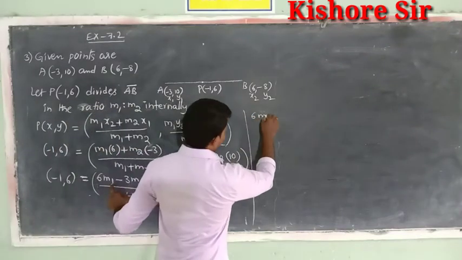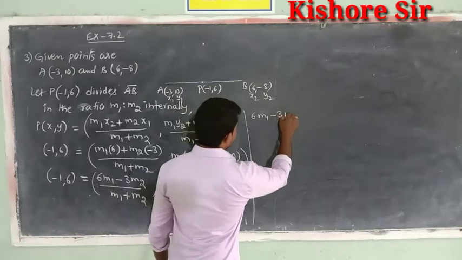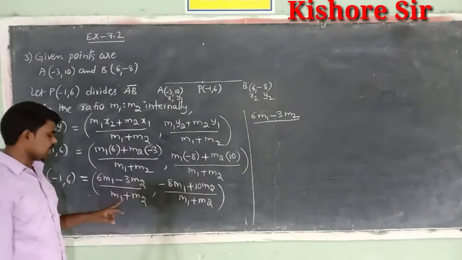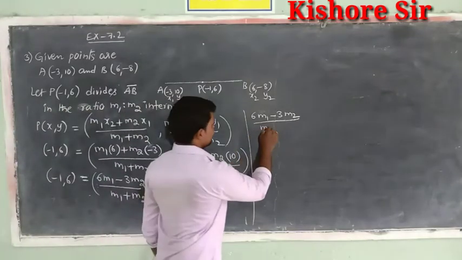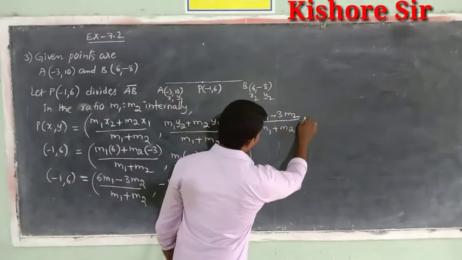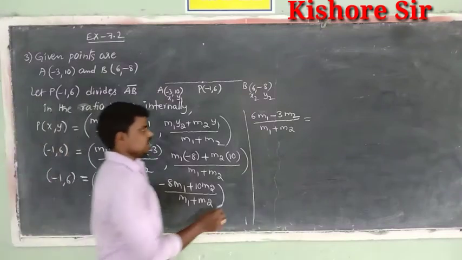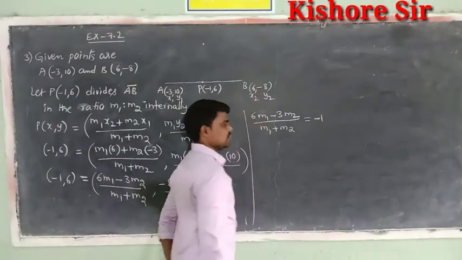So (6m1 - 3m2) / (m1 + m2) is equal to the x coordinate on the other side. What is the x coordinate here? -1.